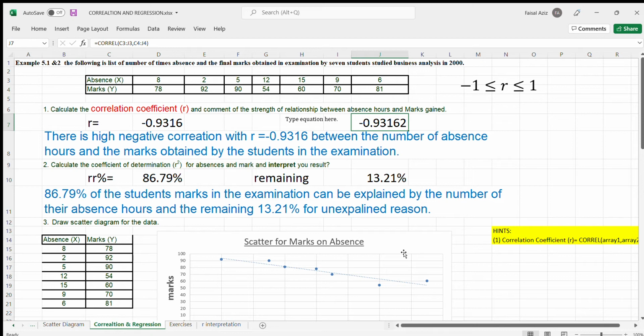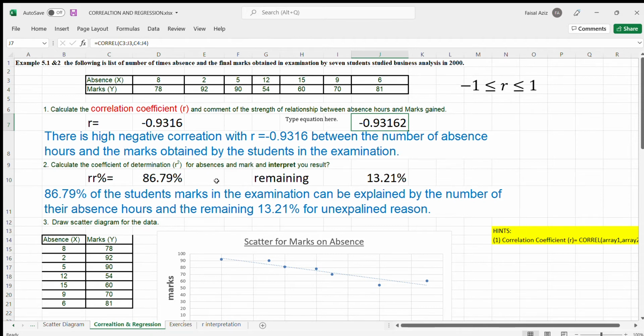Now we have another measure called R square. R square tells us how well the model, or the trend line, in this case the line which is passing through the data points, is explaining the variation. To calculate R square, we can simply calculate the square of the R value itself.